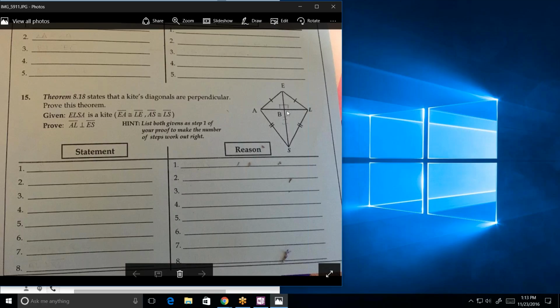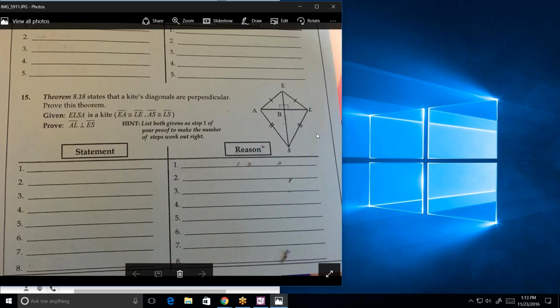First of all, we're looking at a kite, and all of the given information is in the diagram. We know the two diagonals. Well, we don't know those form right angles. That's what we're trying to prove. But let's look at these two triangles on the bottom.